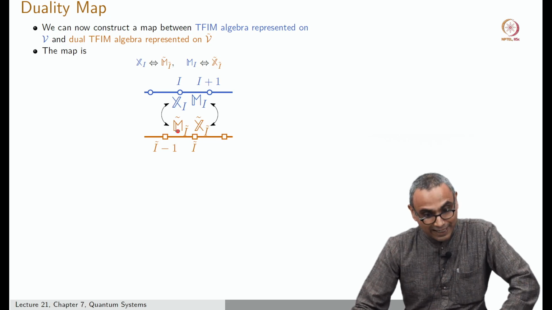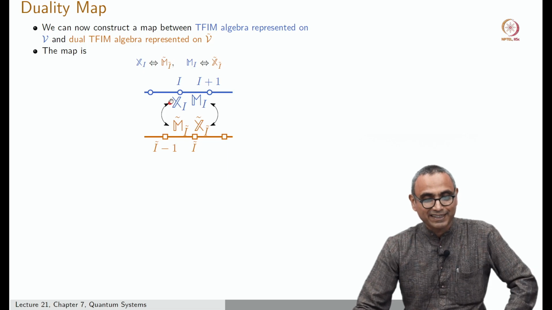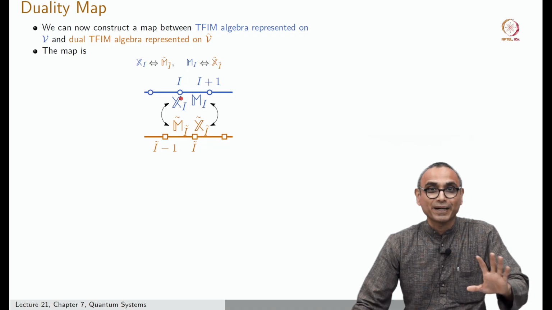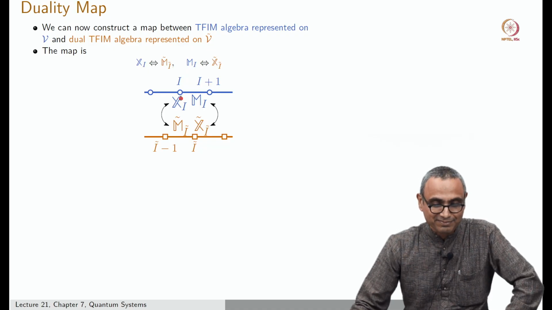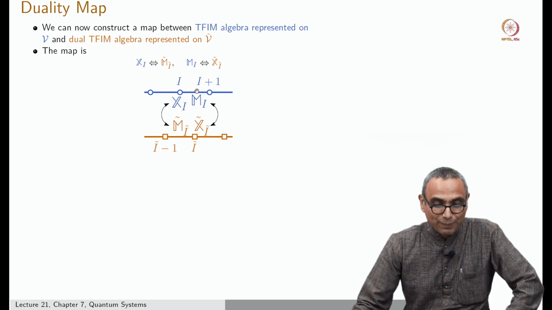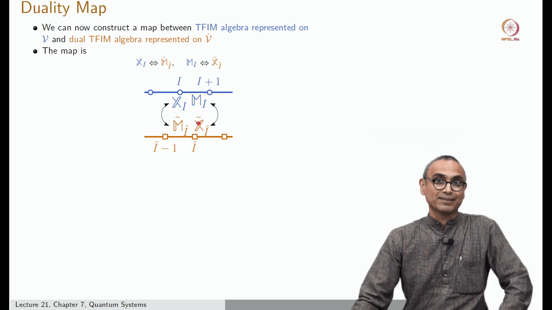The inverse map would be, going back, the link operator here is related to that. At least for these operators, this is well defined. And the link operator in my original model goes to the site operator in the dual model.